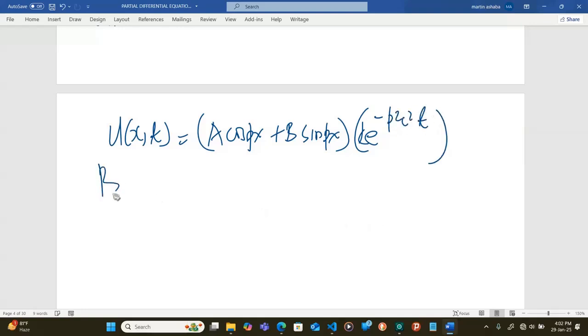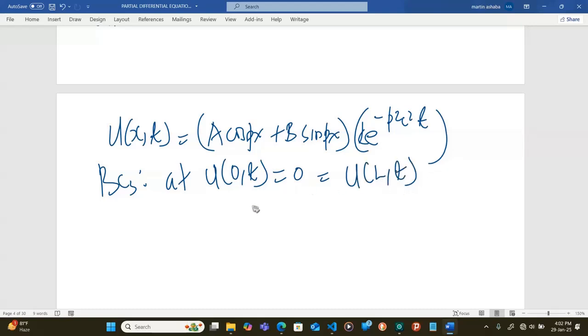So the boundary conditions: we have u(0,t) equal to 0 and equal to u(L,t).